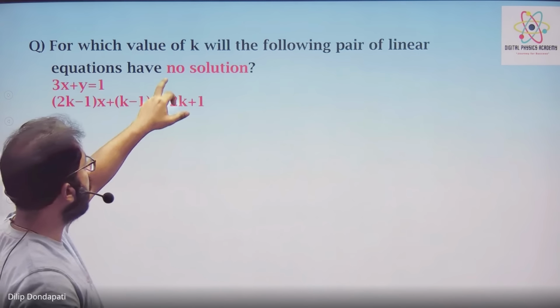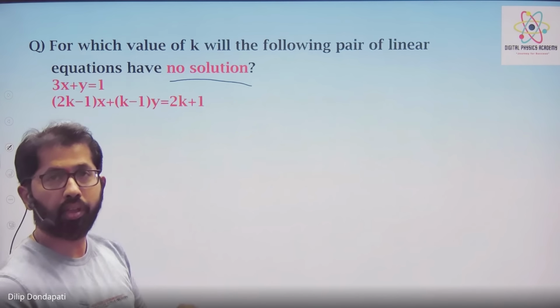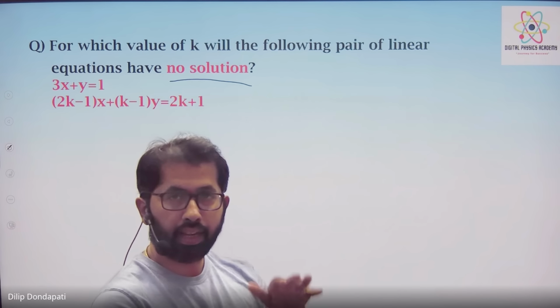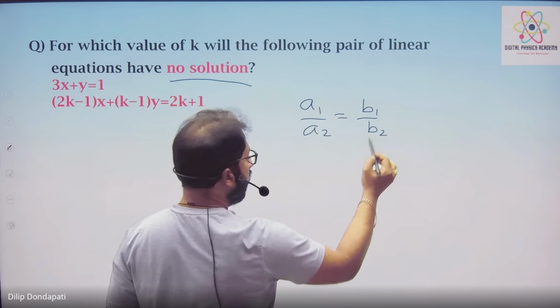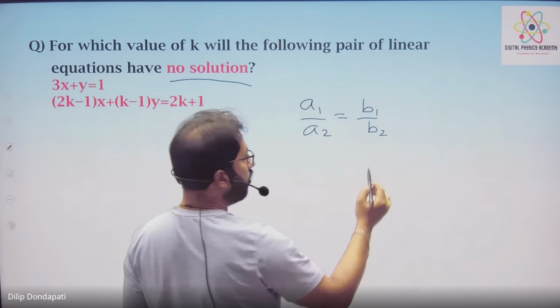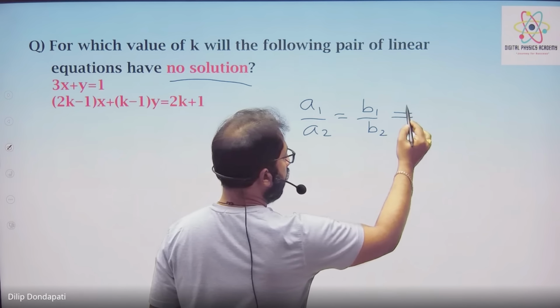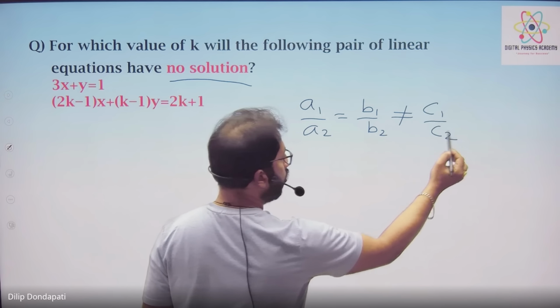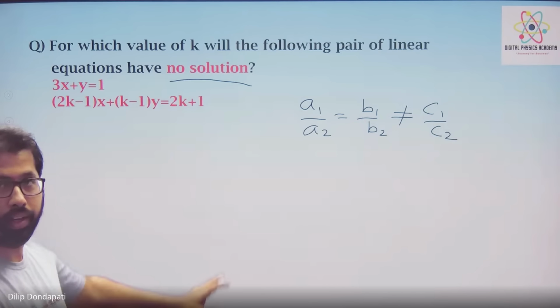But what is the condition? No solution. In no solution what is the condition? They are parallel, right? A1 by A2 equals B1 by B2, not equal to C1 by C2. Parallel, no solution. Okay. Now equate.